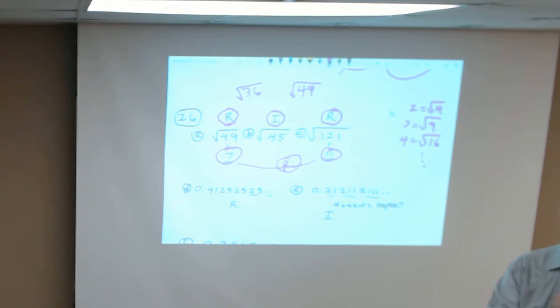So 45 is between radical 36 and radical 49, so that makes it irrational. You follow me? Because the two rational numbers are 6 and 7. D, why is that number rational? Because it repeats, and it has a repeating pattern.